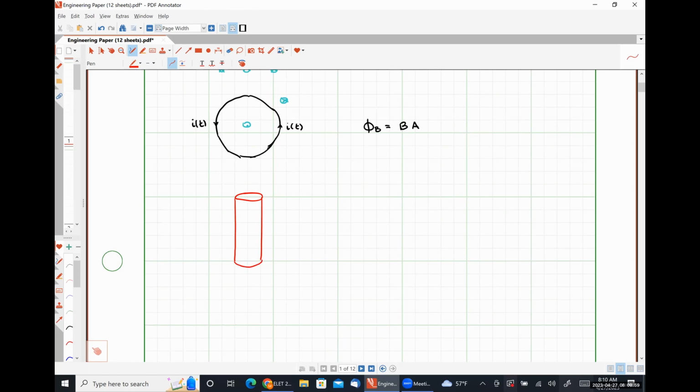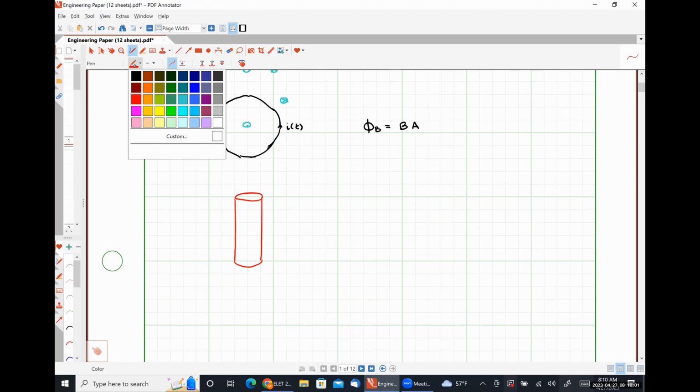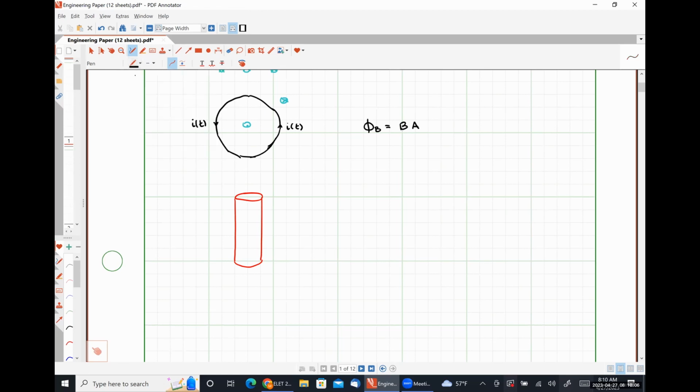So I have a cylinder that I'm going to use as a form, and I'm going to wrap a wire around it, like so.